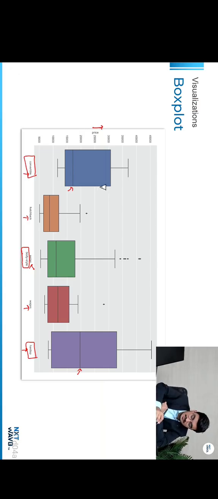Also, we can see how the prices are distributed across these categories. For convertible, we can see that this range represents 25% of the data. This will also represent 25%, and the remaining range will cover the remaining 25% of our data. This will also have 25%. If there were some points outside this range, like this, those would be our outliers, right?